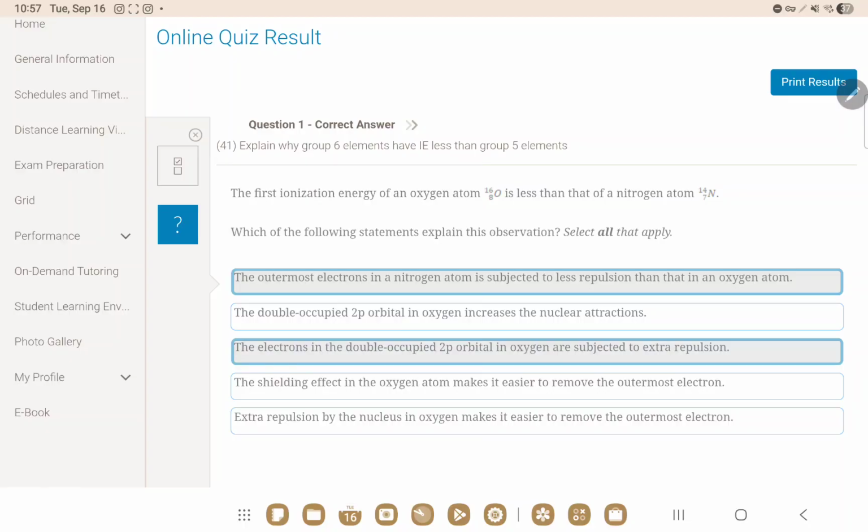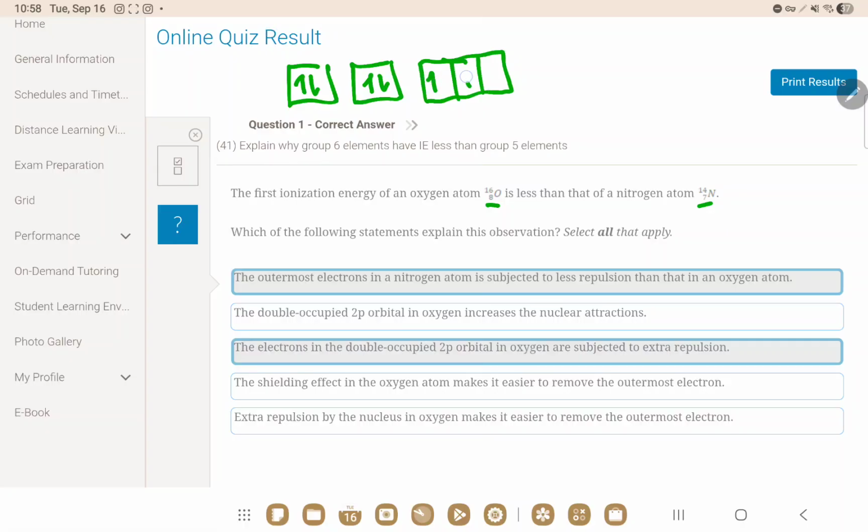So we need to know here, these two, 8 and 7, are in the same period, so across a period. Okay, so first let me draw both of their orbitals. 1s2, 2s2, 2p4.